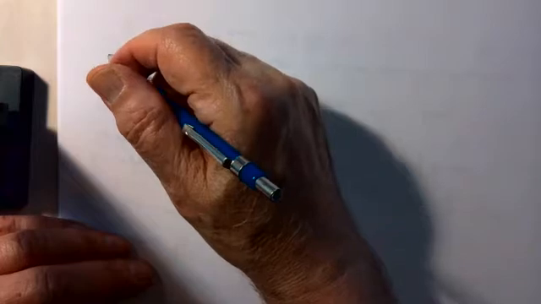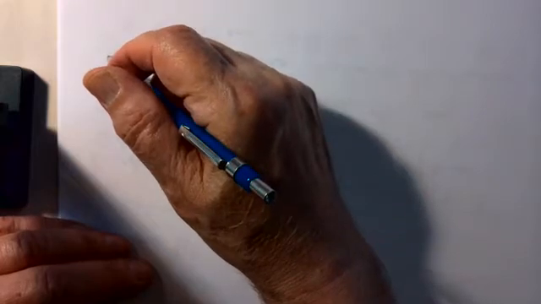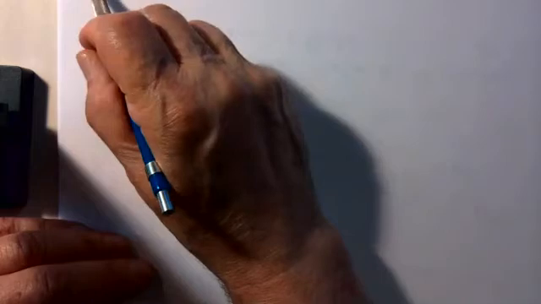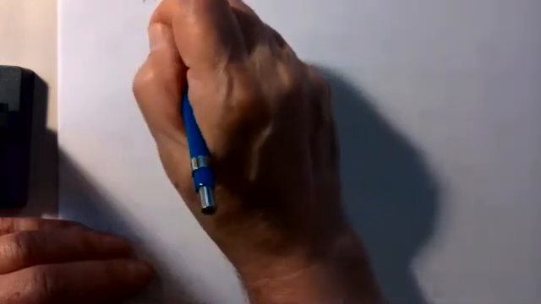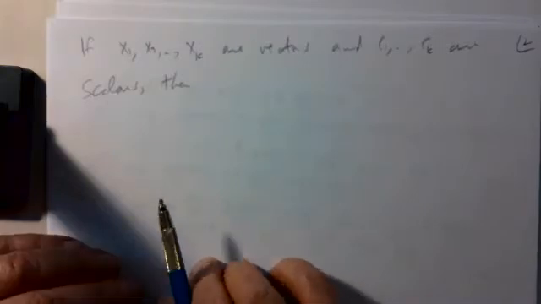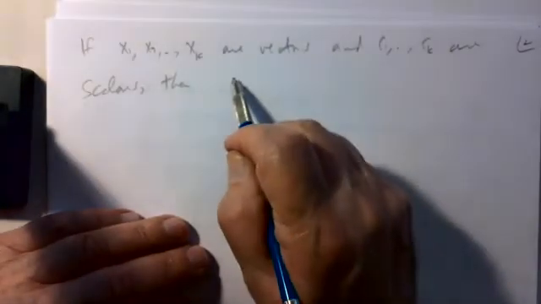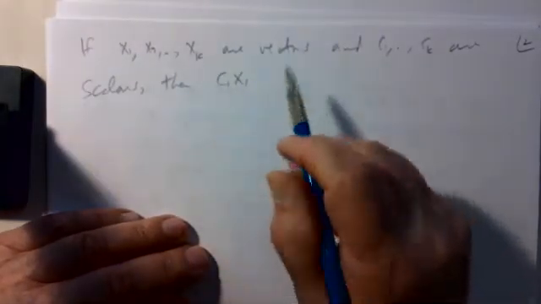And there's one very nice way to construct subspaces, and it comes from the notion of what is called a linear combination of vectors. So if x1, x2, up to x sub k are vectors, and c1 up to ck are scalars, then you can take a vector and multiply it by a scalar. So you can take the vector x1 and multiply it by c1.